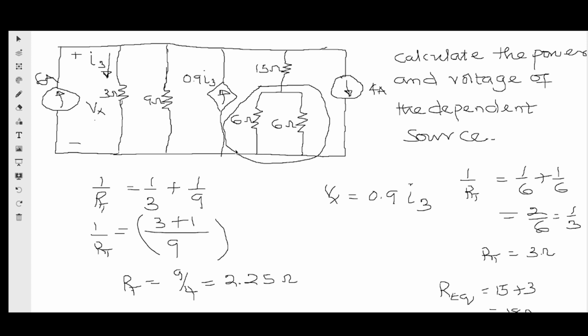And we can see that these two current sources are in parallel. So that brings us to the concept of connected sources, and in this case they are current sources. So what will it be? 6 amperes, 4 amperes. That will be 6 minus 4, which is 2 amperes. So if I'm to draw my equivalent circuit, I'll be having 2 amperes on this side.